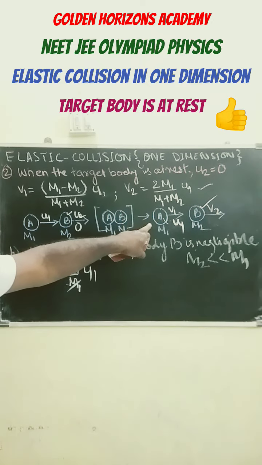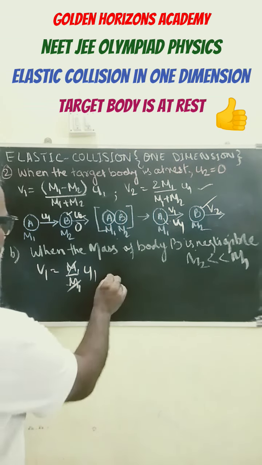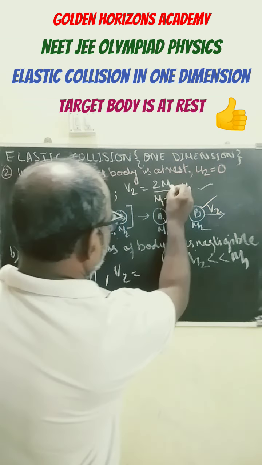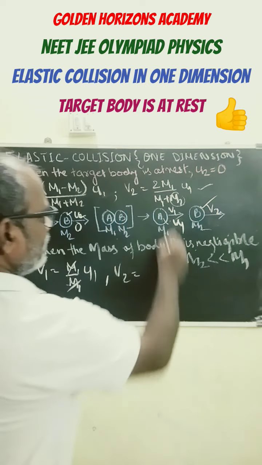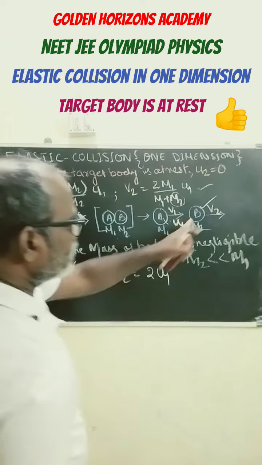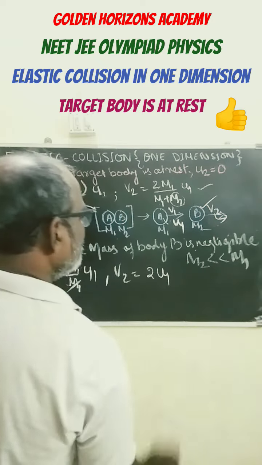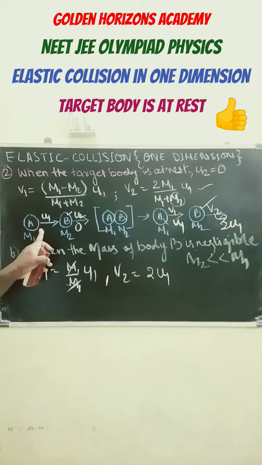So mass m1 will move with the initial velocity u1. Now let us consider v2 here. Here m2 is very less, so we don't consider this portion. Then we have 2m1 by m1, that is equal to 2u1. So the velocity of v2 will be twice the initial velocity of the mass m1.